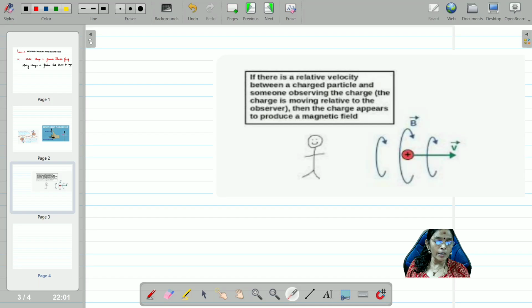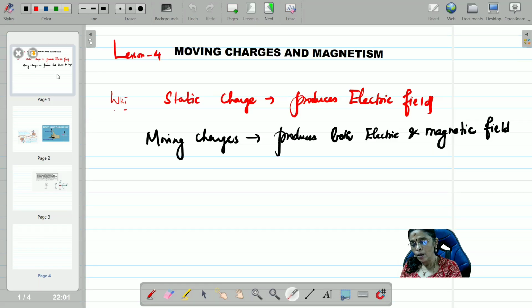So when the charges move forward, the magnetic field is produced around it, not along it. Whenever the charges are set into motion, an electric field is created, and due to that electric field, the magnetic field will be created around it. That is all about this lesson. Hope you understand the basics, children. So moving charges produce both electric and magnetic field.